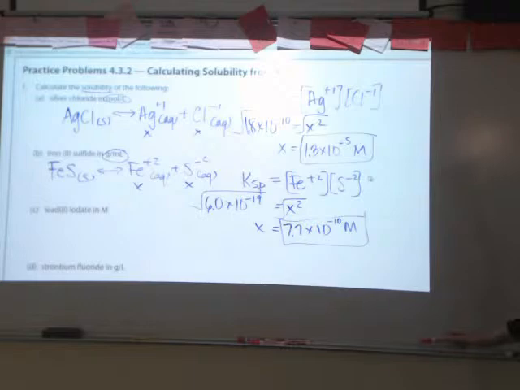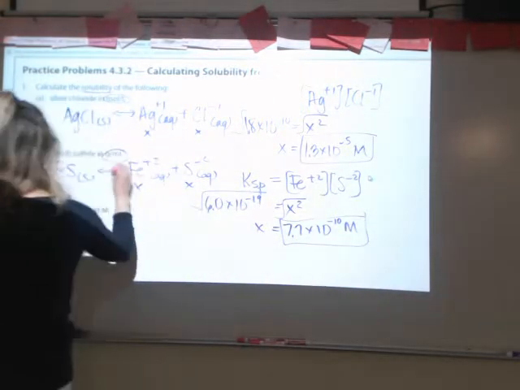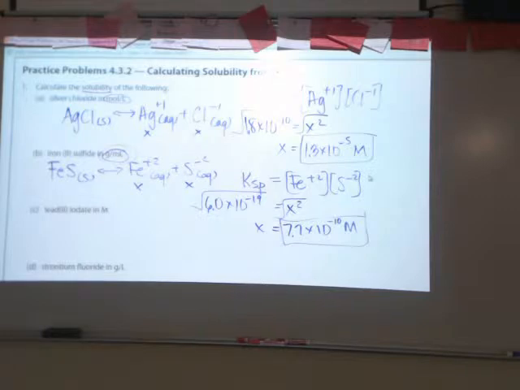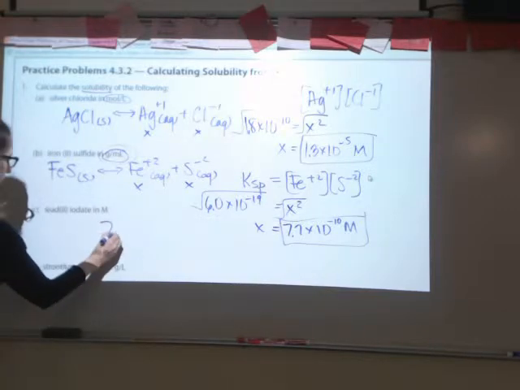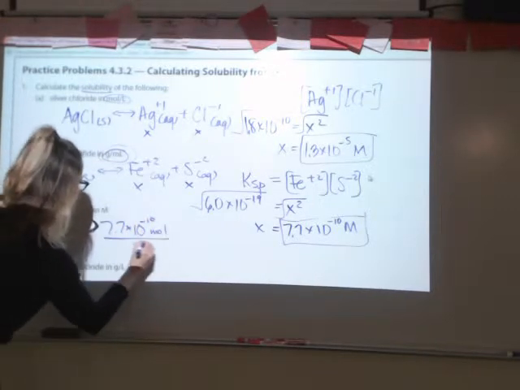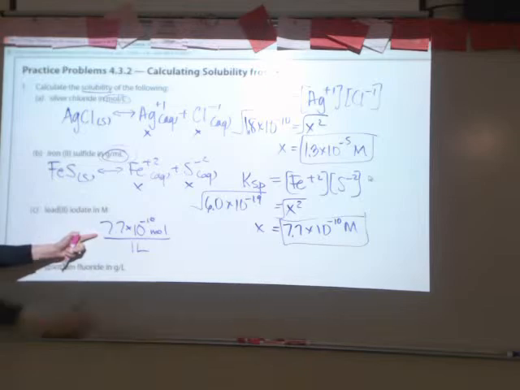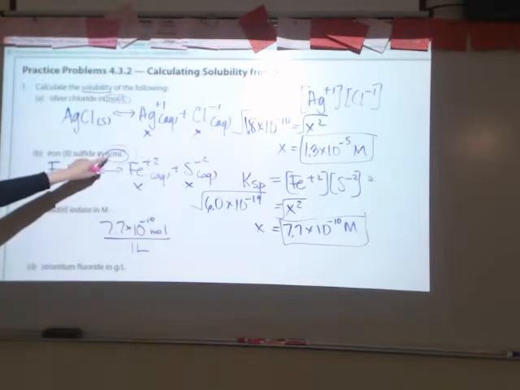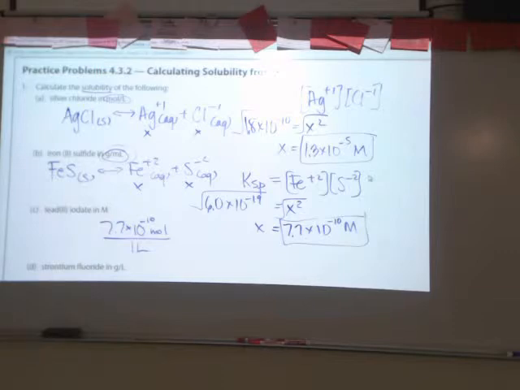Now I can't stop here because they asked me for grams per milliliter, and molarity is moles per liter. So I'm going to take 7.7 times 10 to the negative 10th moles per liter, which is the same as molarity over there, and I'm going to convert moles to grams and liters to milliliters.